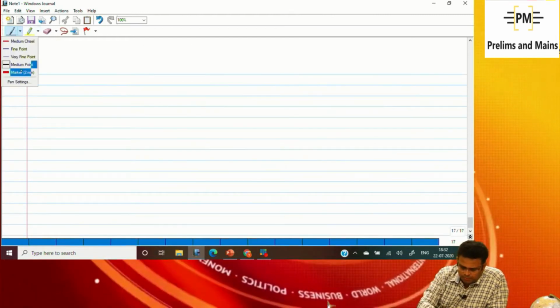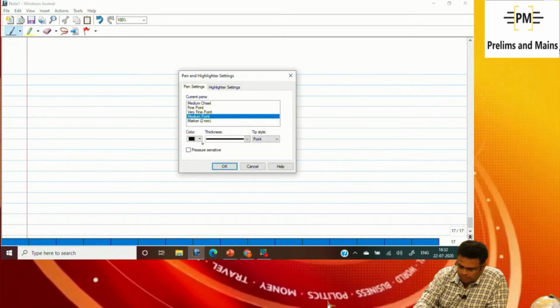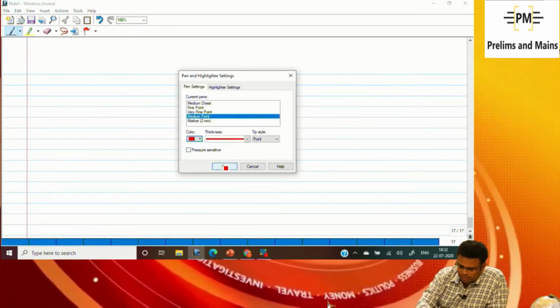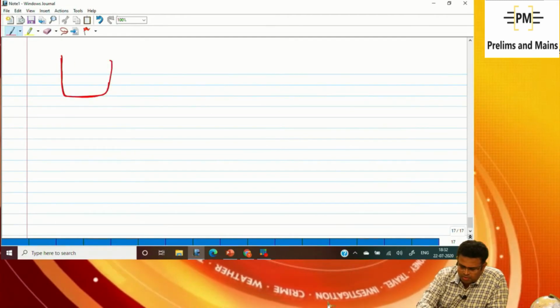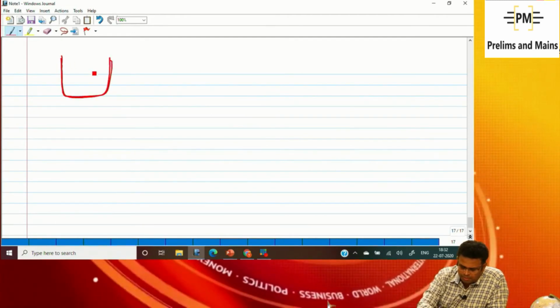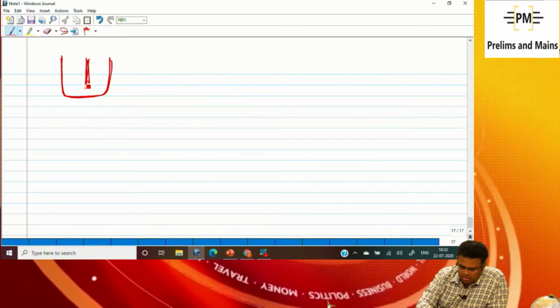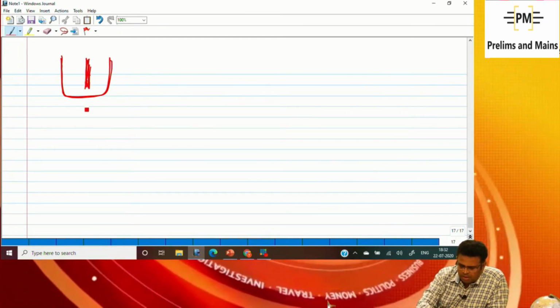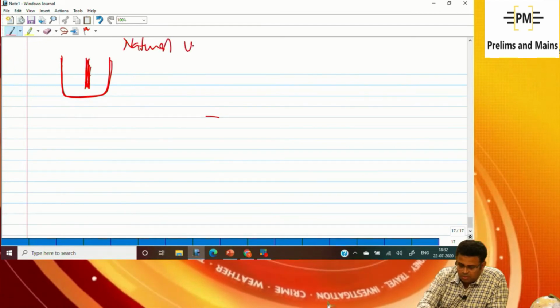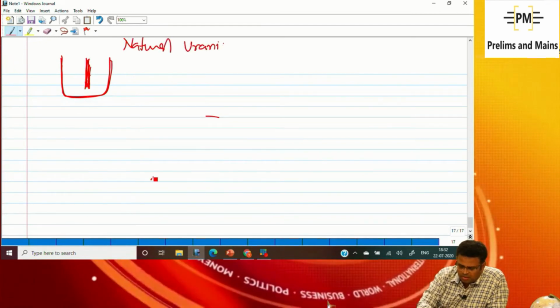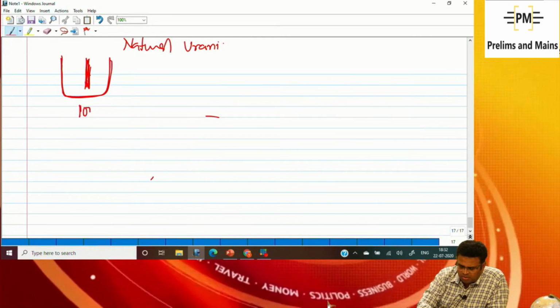Suppose we have a chamber and here is some natural uranium, and here I am talking only about natural uranium, suppose 1000 kg.